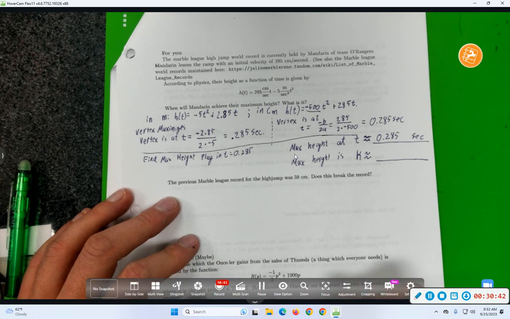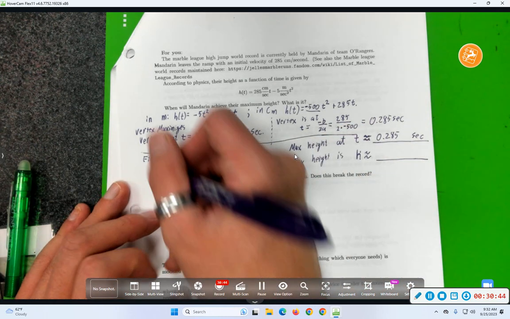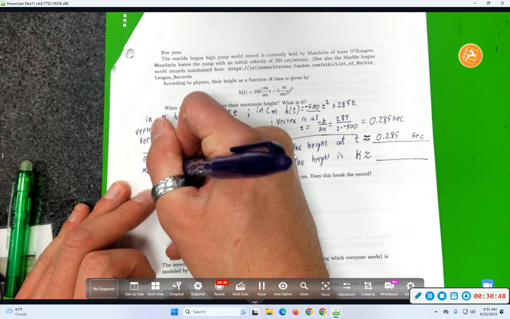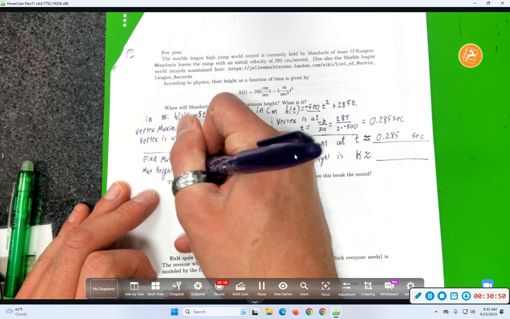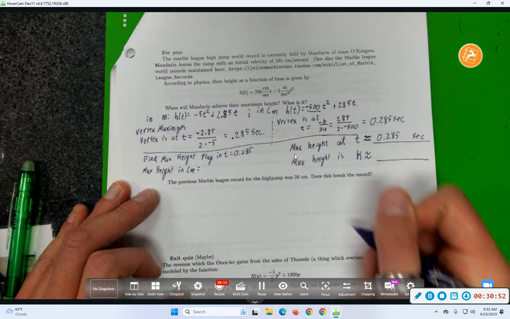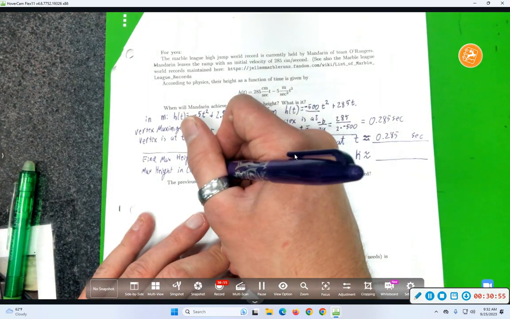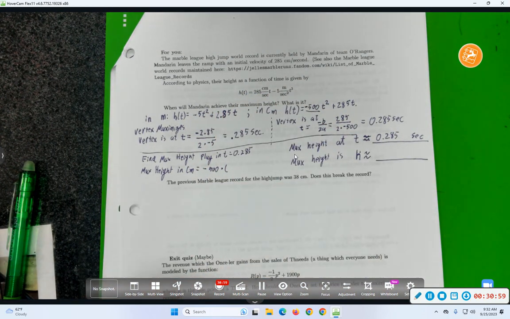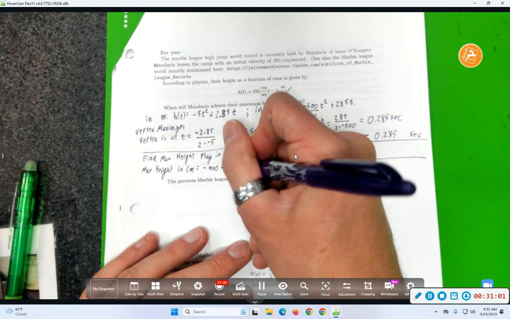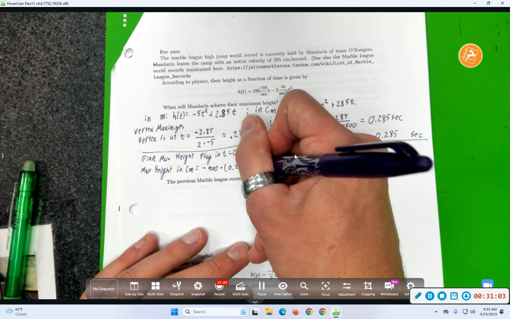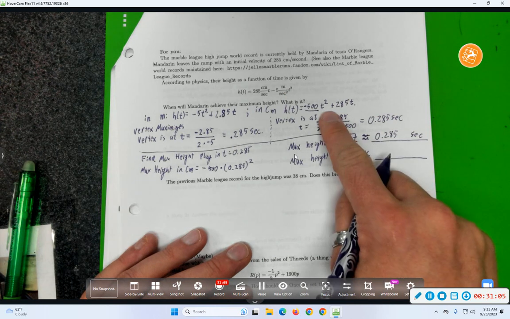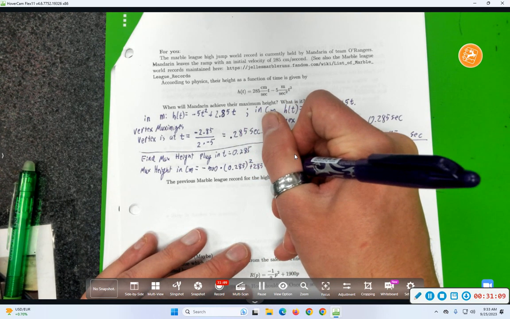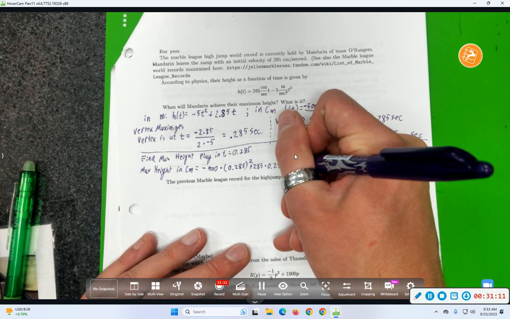So the max height in centimeters is -500 multiplied by 0.285 squared, because it's squared, plus 285 multiplied by 0.285.